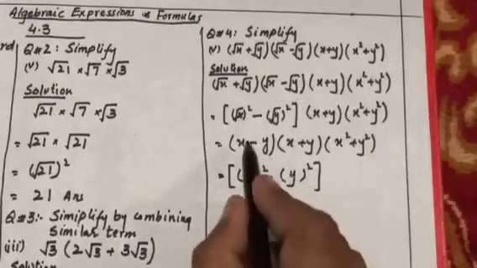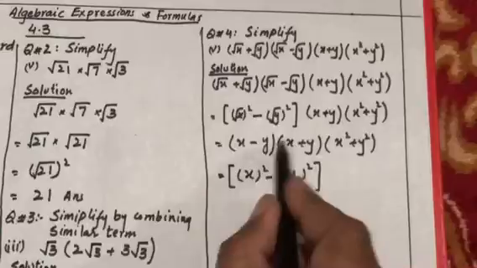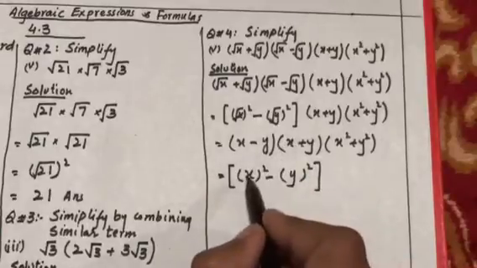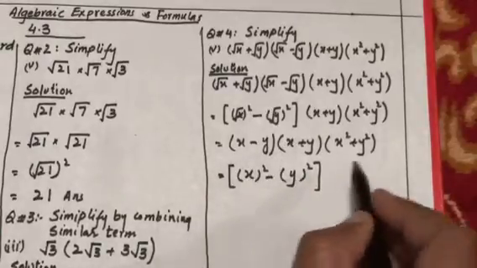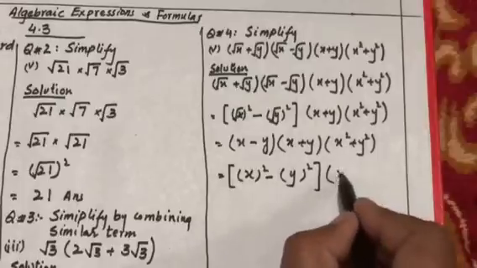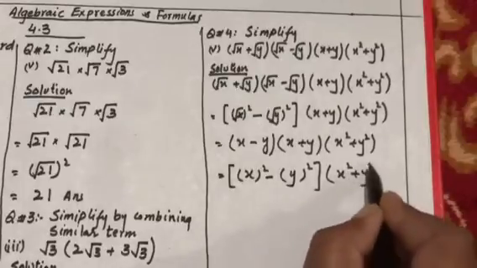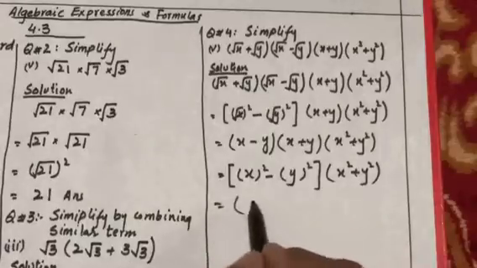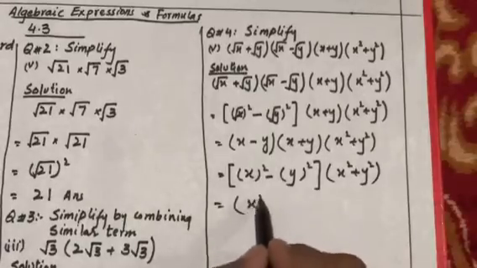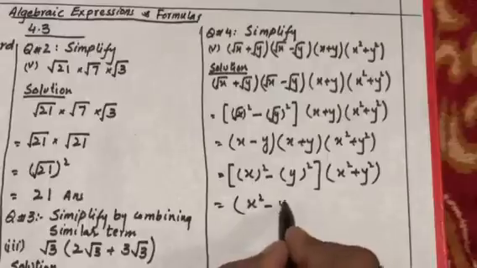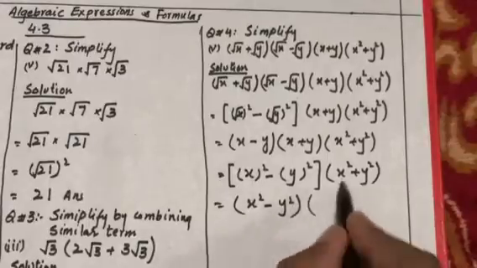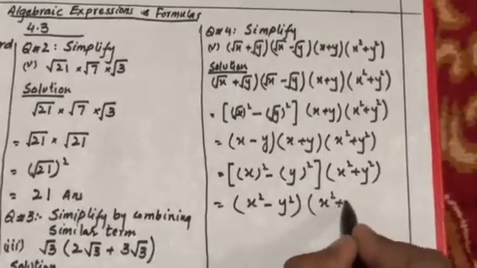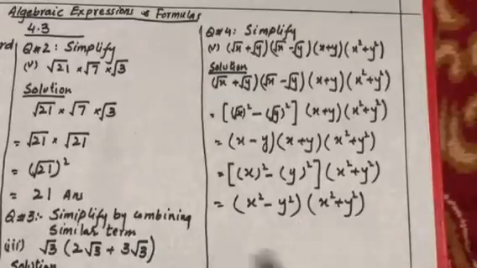So by multiplying these two factors, we make the formula a² − b². Then the next factor x² + y² will be written as it is. If we simplify, then we will have x² − y², times (x² + y²).